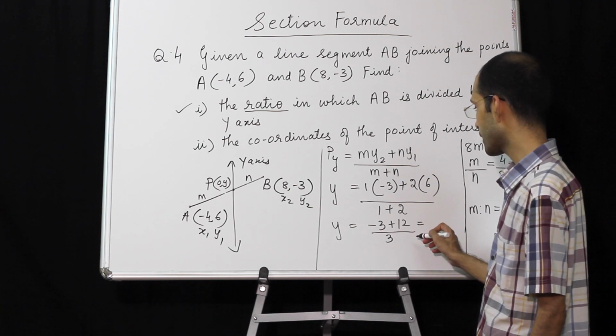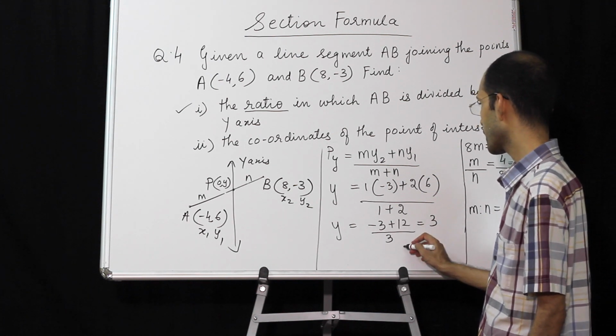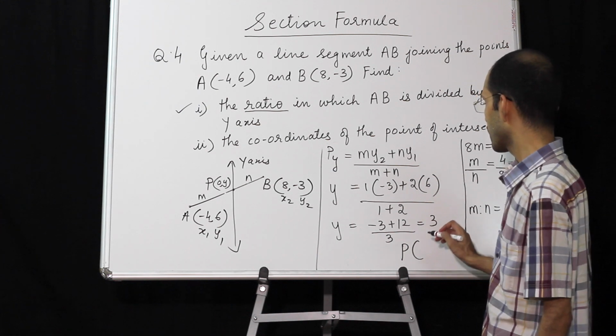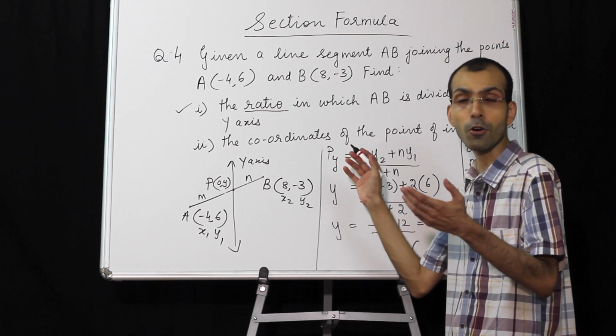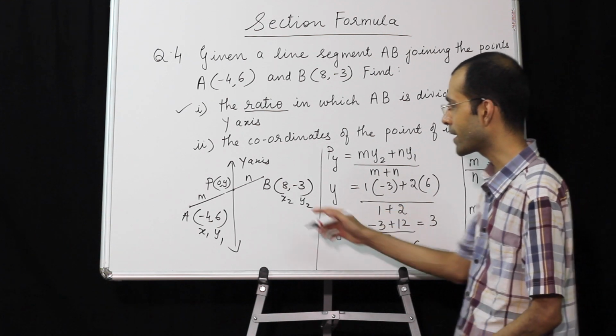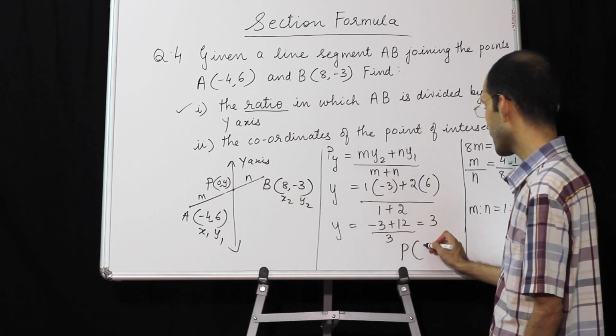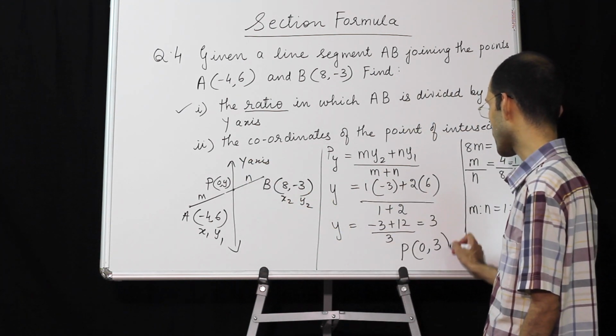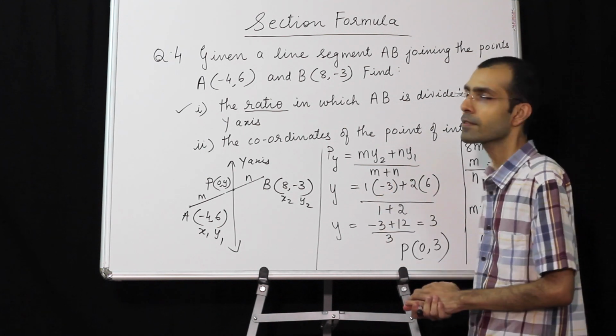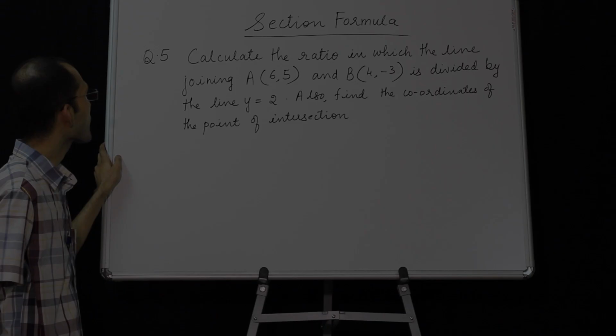So 12 minus 3 is 9, 9 upon 3 is 3. Okay, so y is 3, but we need to find the coordinates of the point of intersection, that is 0, y. So that is 0, 3. This completes your question 4.